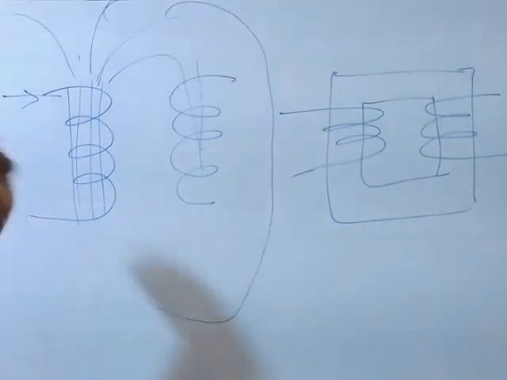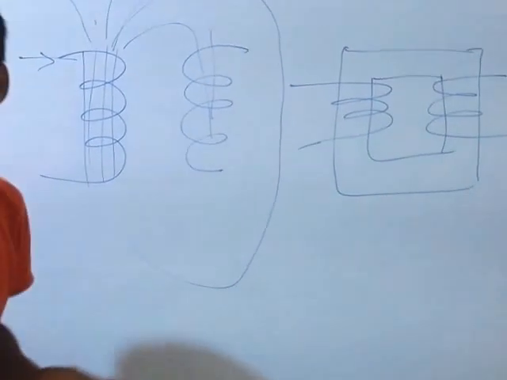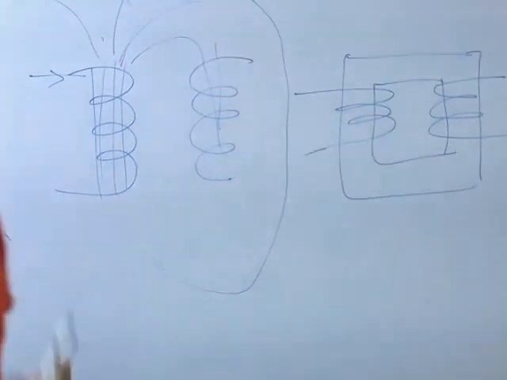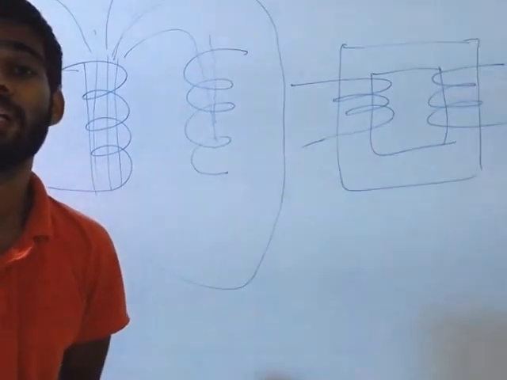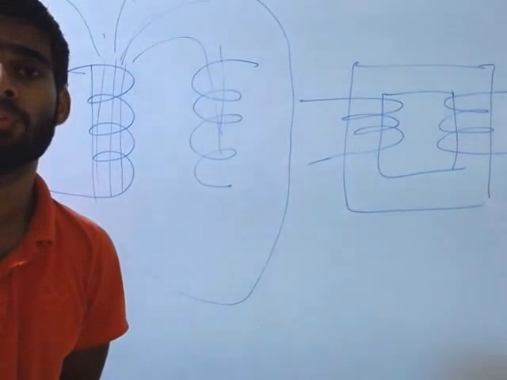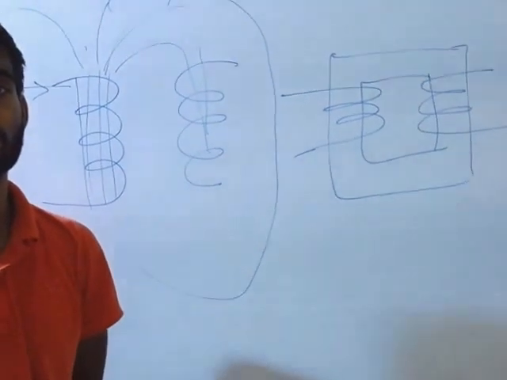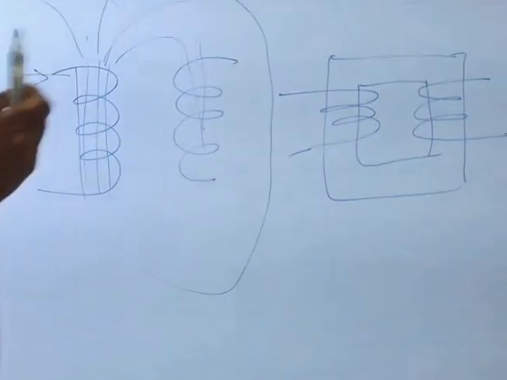And one more thing, if we are using an air core, not an iron core, then air has very low permeability. It means it offers high reluctance to the magnetic flux.